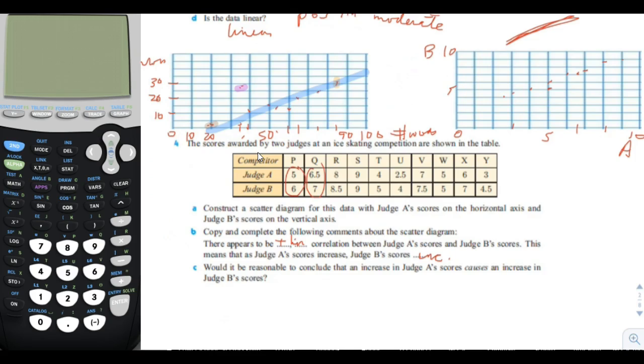Last of all, would it be reasonable to conclude that an increase in Judge A's scores causes an increase in Judge B's score? Not necessarily.